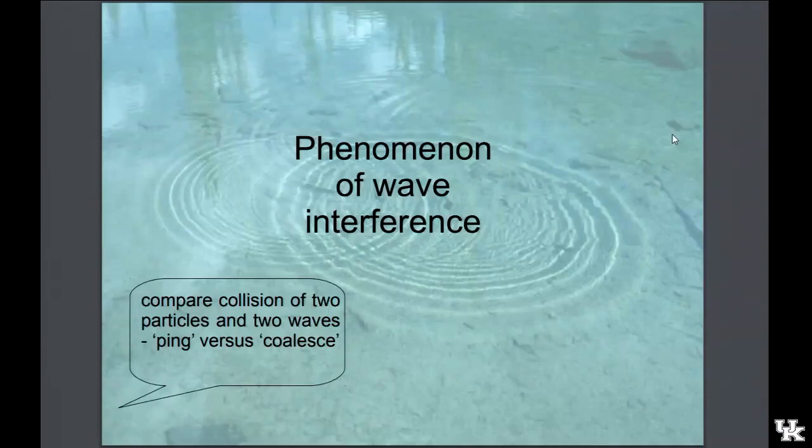And so the collision between particles, this sort of momentary collision where they ping off one another, is very different from the collision between two waves, where they kind of slowly merge together and then slowly fall apart.